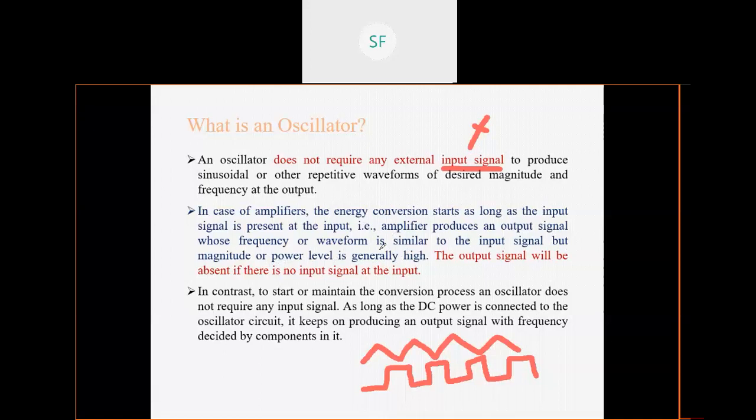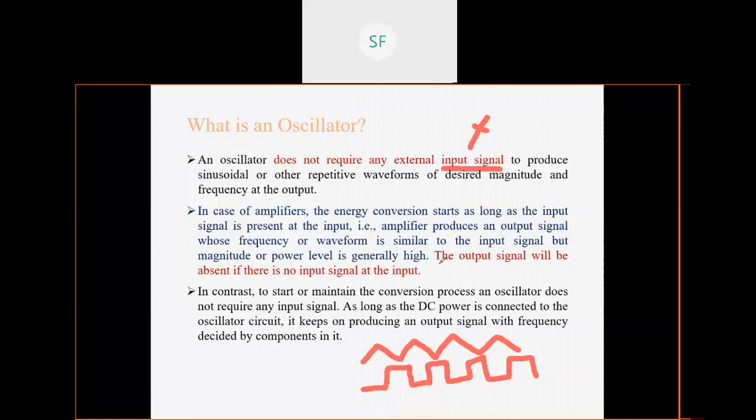We have seen that this is the working of your amplifier. The output of an amplifier will be only an amplified version of your input. The frequency will not change. The frequency will remain the same. Input frequency and output signal frequency for the amplifier will be the same. Only amplitude will vary.